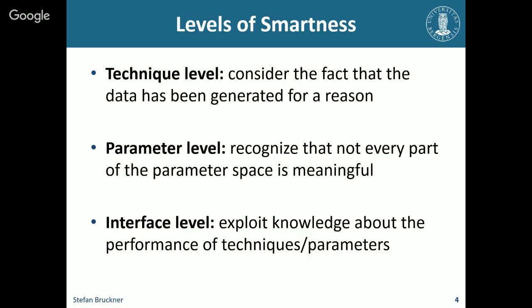We have to recognize that not every part of the parameter space is equally useful, and also that these parameters may not linearly correspond to some of the things that the user may want to do. So we can also think about constraining the parameter space in a meaningful way.